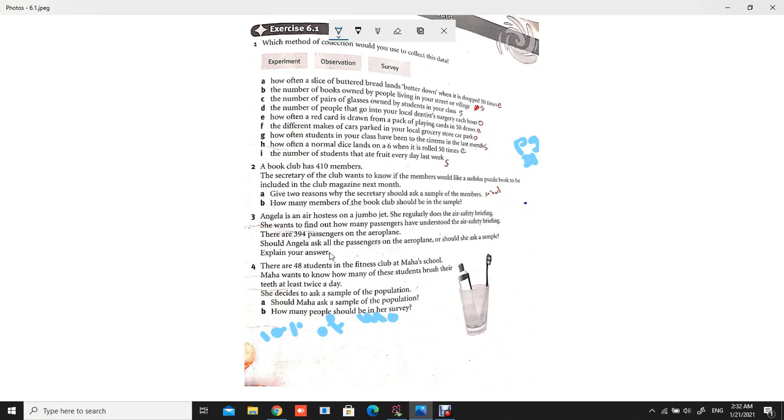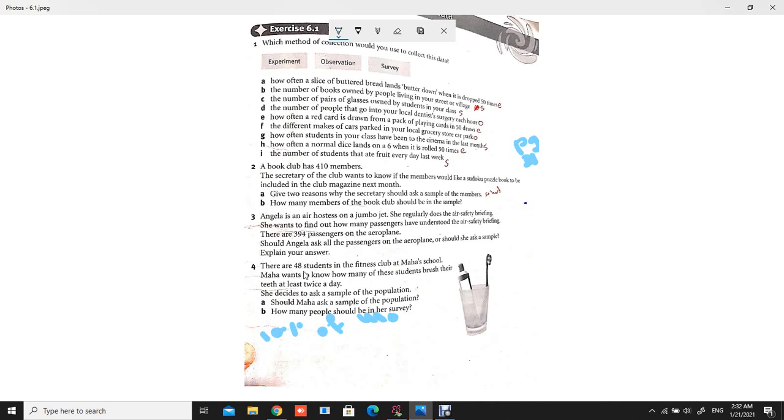Should Angela ask all the passengers on the plane, or should she ask a sample? She should take a sample, since 394 passengers is too many to ask. To save her time, she has to take a sample. How can we find this sample? It's 10%. Listen carefully, find 10% of 394. This is how we can do it.